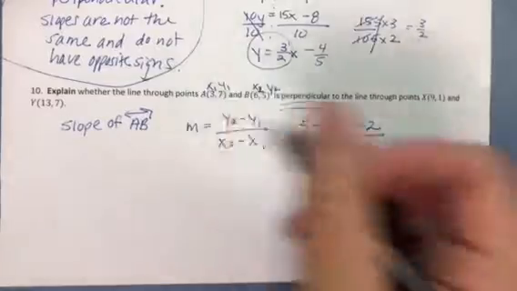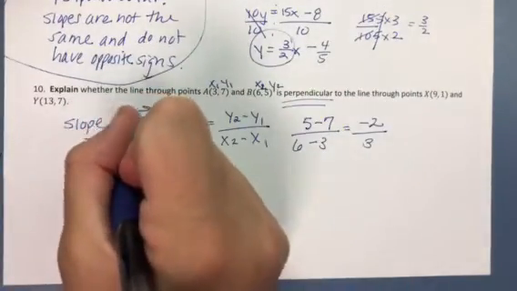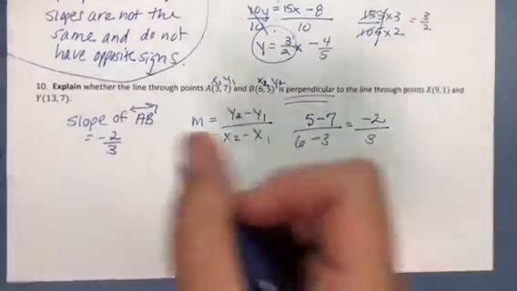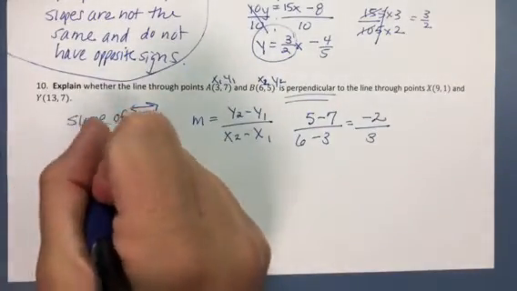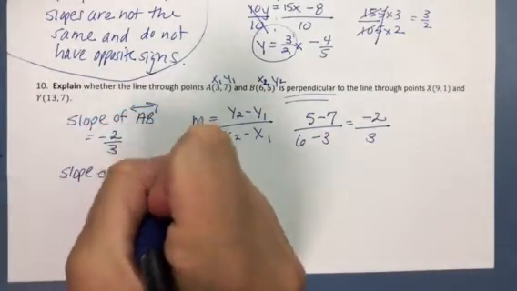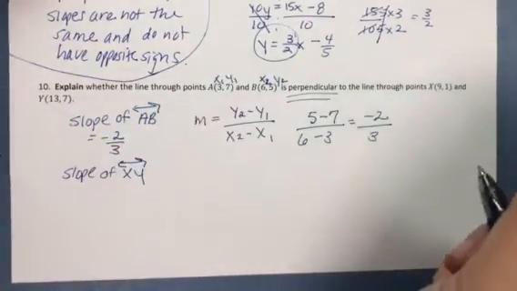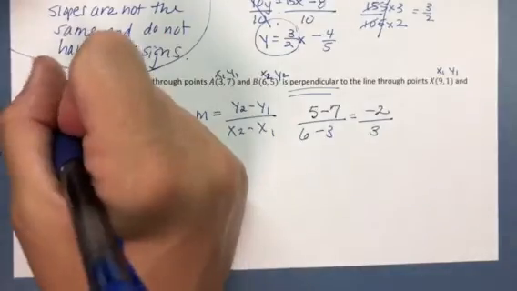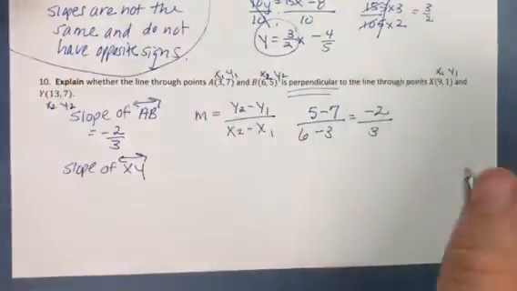So the slope of line AB is -2/3. We still have to find the slope of line XY. So the slope of XY, we can do it in exactly the same way. We're going to use x1, y1, x2, y2.